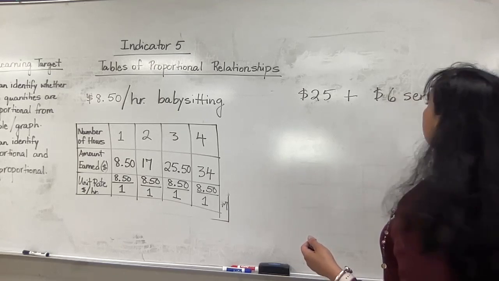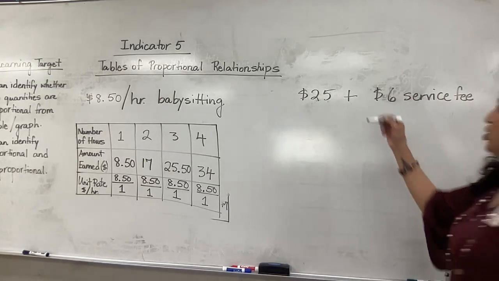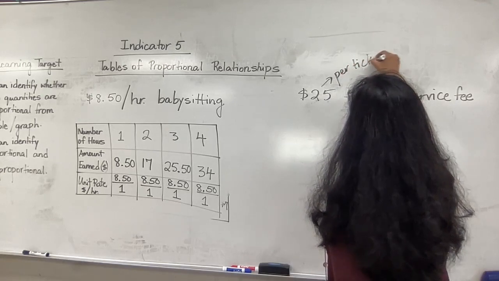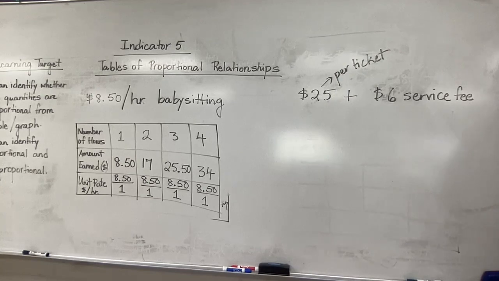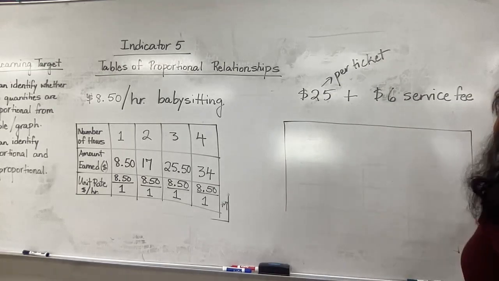So this is $1.25 for each ticket, and then you have a $6 service fee. All right, so let's see what happens when I make a table with this.